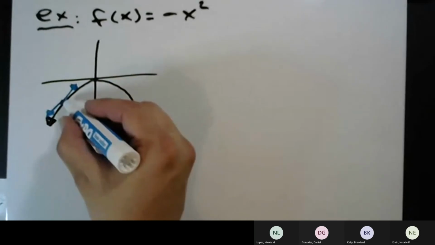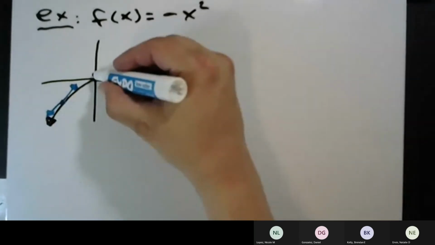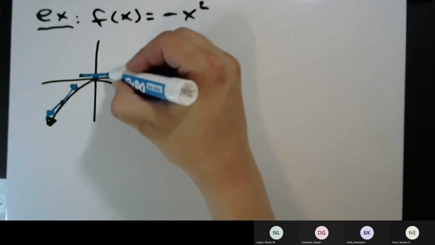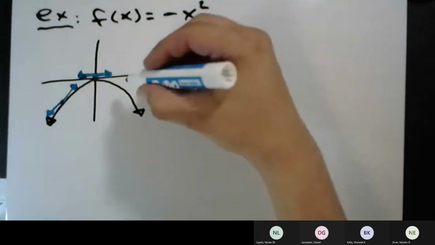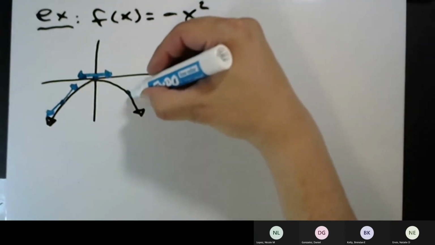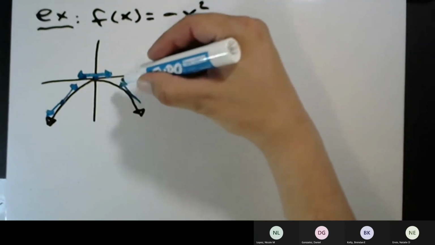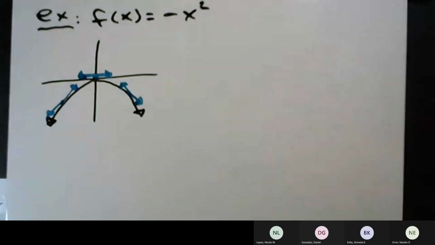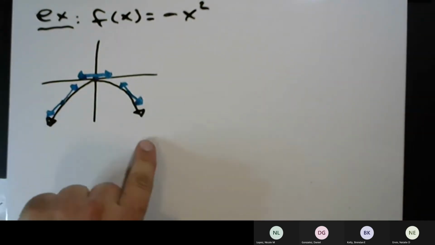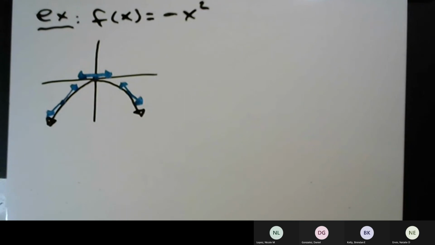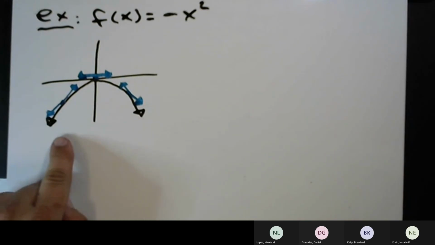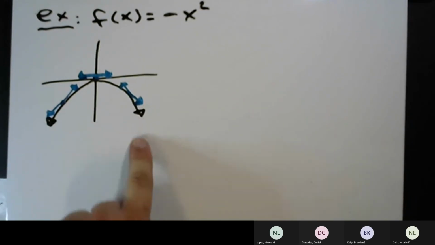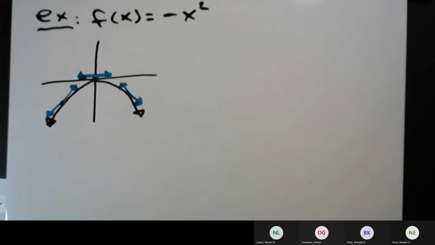So this is a positive tangent slope. There's a 0 tangent slope. And there's a negative tangent slope. And again, we're looking as things go from left to right. So f prime of x is decreasing. So that means this is concave down.